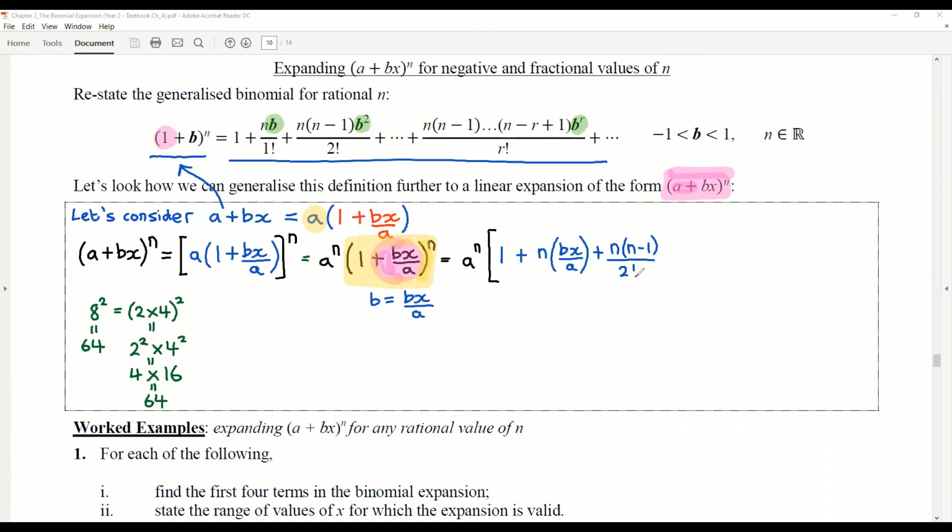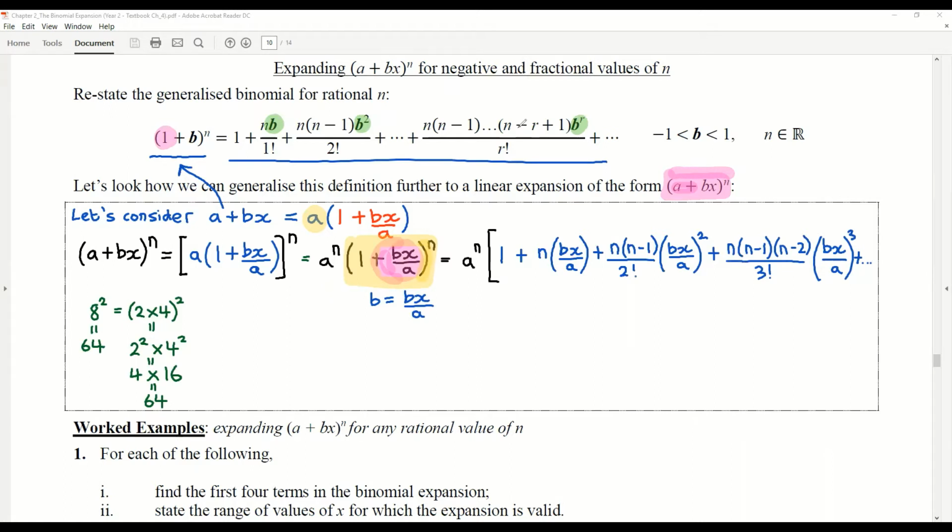and this time my b squared is going to be bx over a all squared, and let's do one more, plus n multiplied by n subtract 1, n subtract 2 over 3 factorial, and we have bx over a all cubed, and then there'll be some more to come, and also I'm going to close the big square brackets.